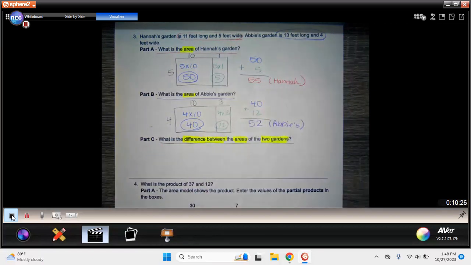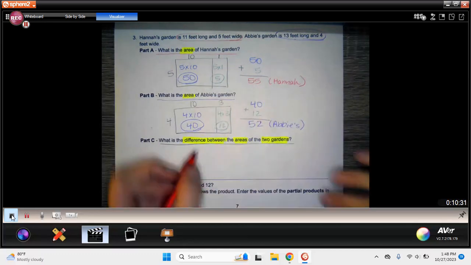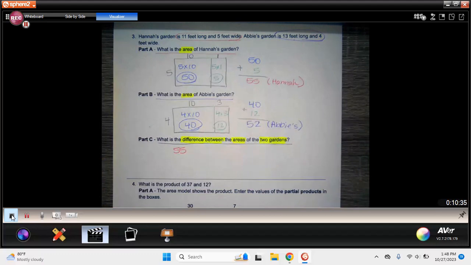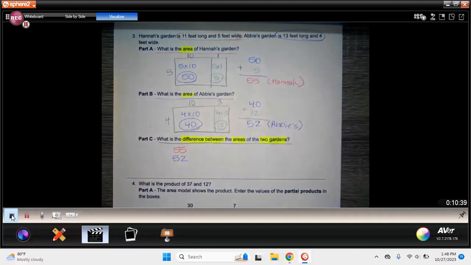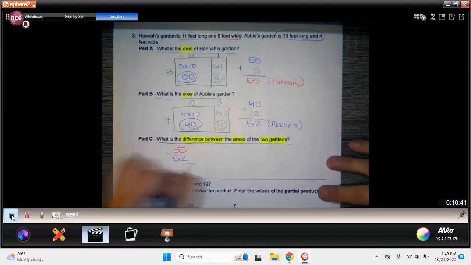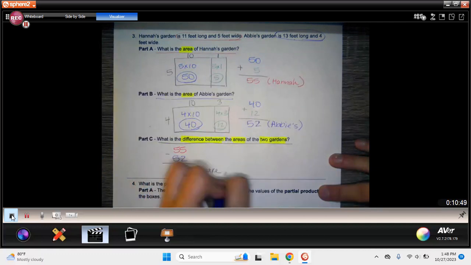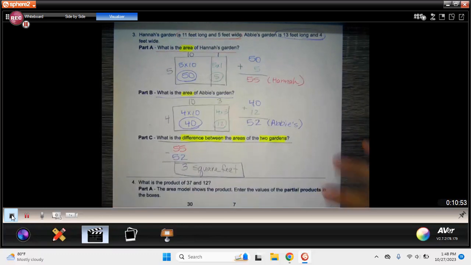So I'm going to take Hannah's amount, since it seems to be larger than Abby's, 55, and I am going to take Abby's amount, which is 52, away from that. So 55 take away 52 is 3 square feet. That's the difference, 3 square feet.